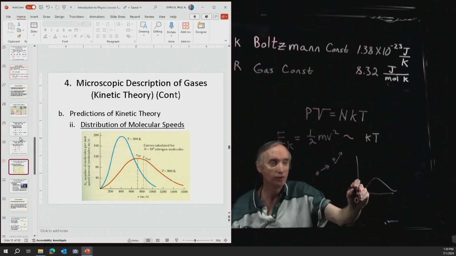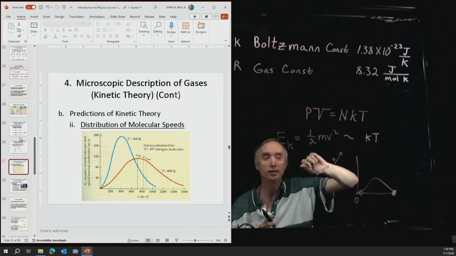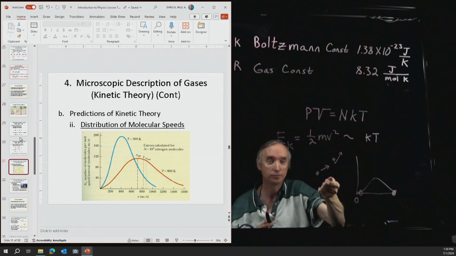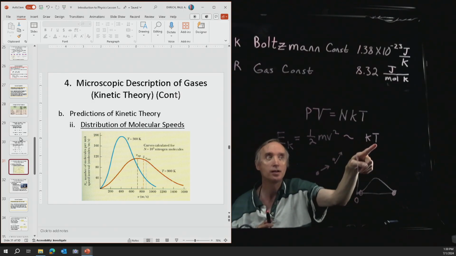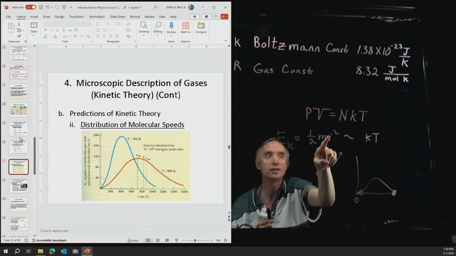So there are very, very few molecules that are traveling very slow, and very, very few molecules that are traveling very fast. Now what happens if we increase the temperature? If we increase the temperature, we give them more kinetic energy, which means that the average speed is going to increase.